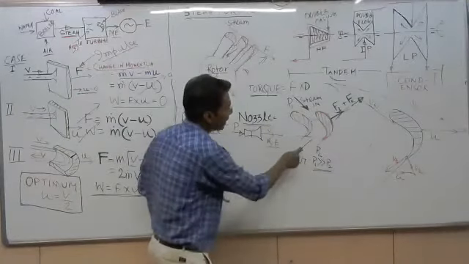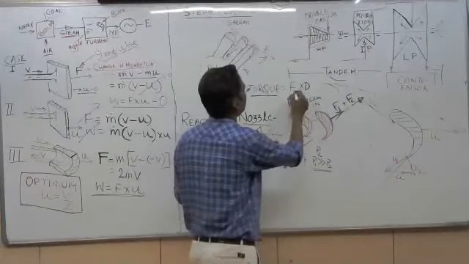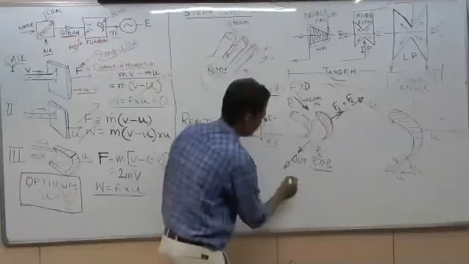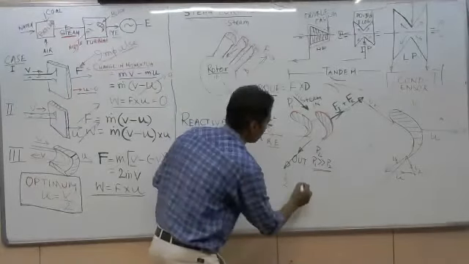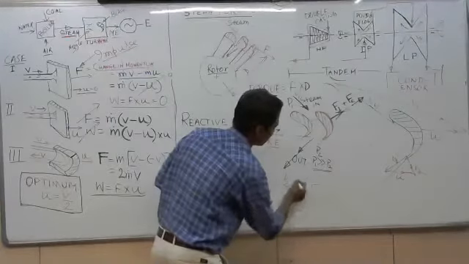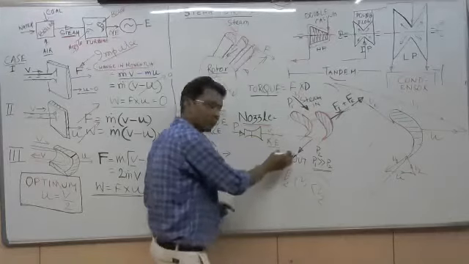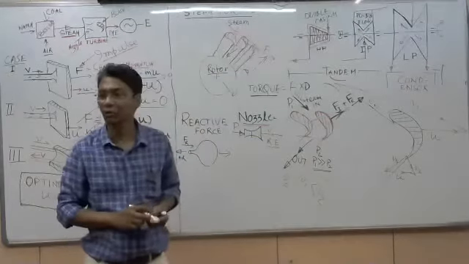That means we are getting more velocity out of this. If the inlet velocity is V1 and the outlet velocity is V2, then V1 is less than V2, which is much more, because the pressure energy is converted into kinetic energy in the nozzle, giving more velocity.